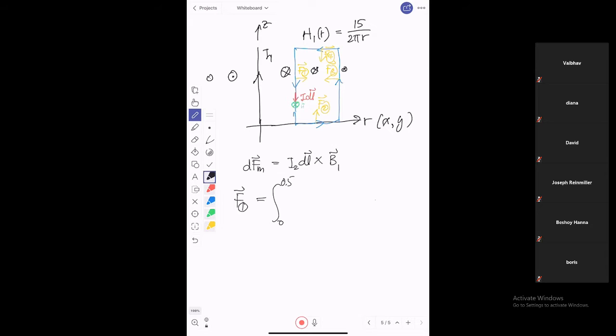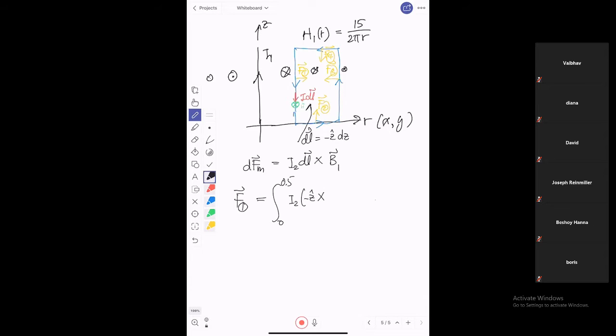And what I have here is dl. So dl is equal to minus z hat dz, because z hat is going in the opposite direction of dz, right? A lot of people have difficulty with this part. So what we have now is basically I2, the second current, times minus z hat cross with B1.